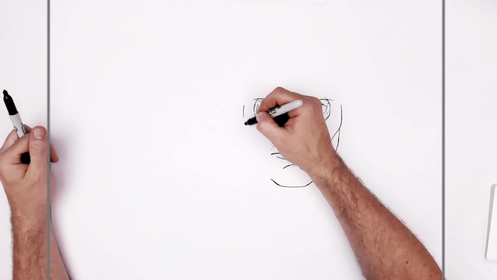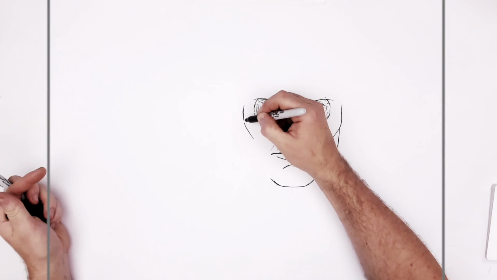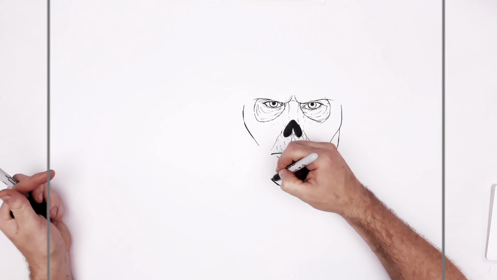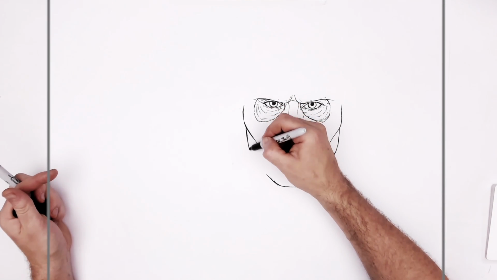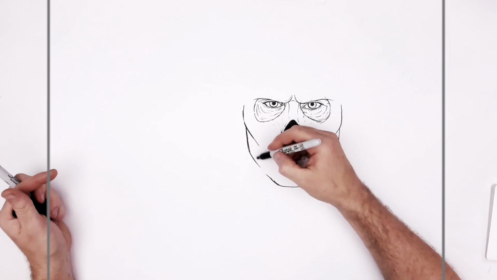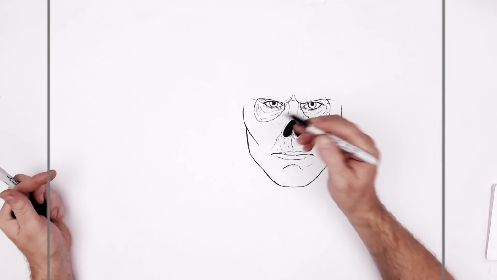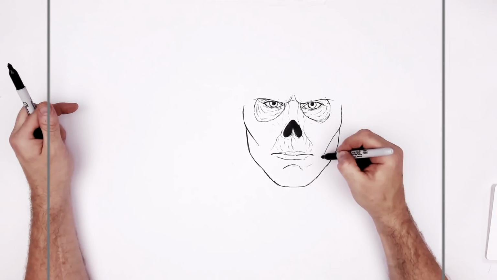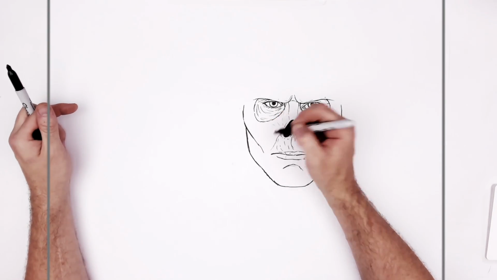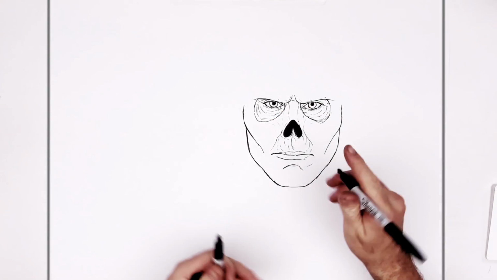Same on this side pretty much. And then his jaw sticks out over this side as well, like so. And then we just have to add lots of wrinkles and stuff on his face as well.